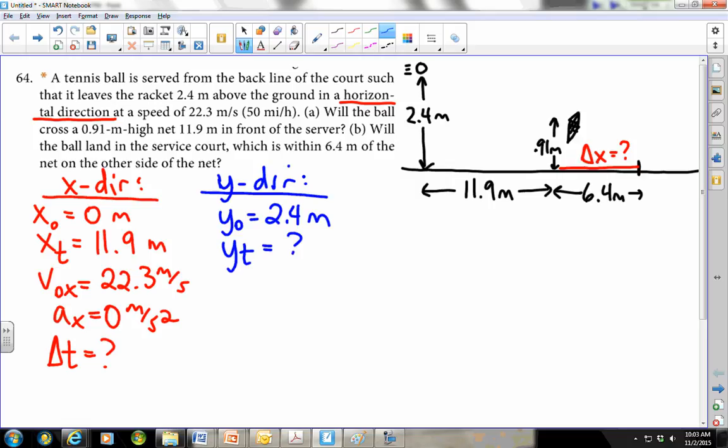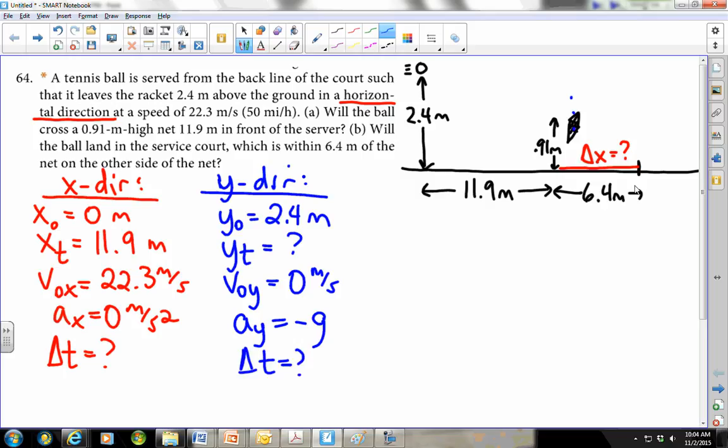We're going to say, is it right here? Is it up here? Is it going to hit the net? We don't know. Okay, that's what we're going to find. We do know, because it moves horizontally, its initial velocity in the y direction is 0. Obviously, it's going to have some velocity in the y direction as soon as acceleration gets a chance to deal with it. So here we have negative 9.8, and we don't know time.